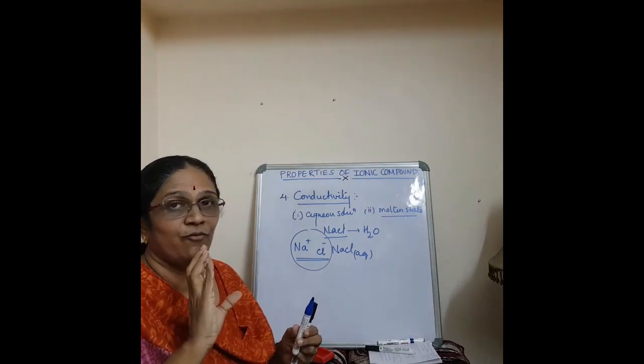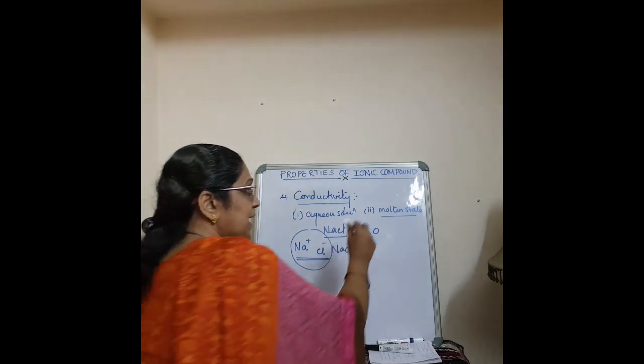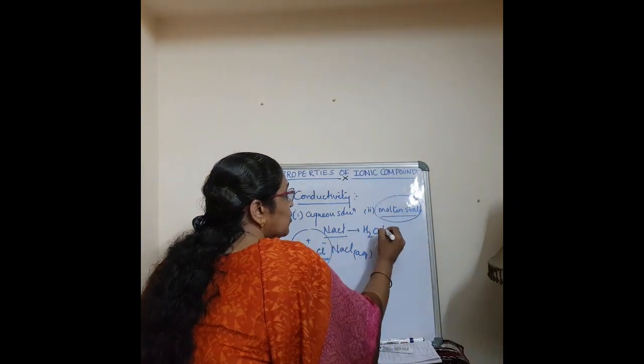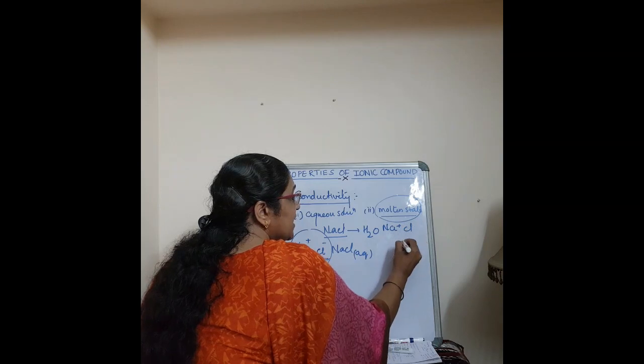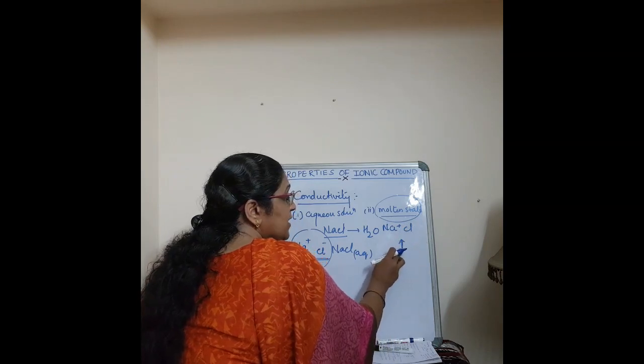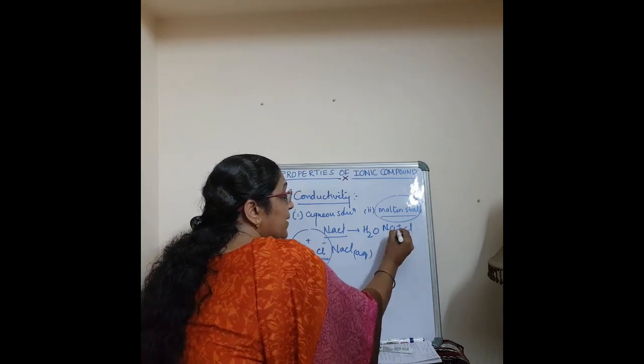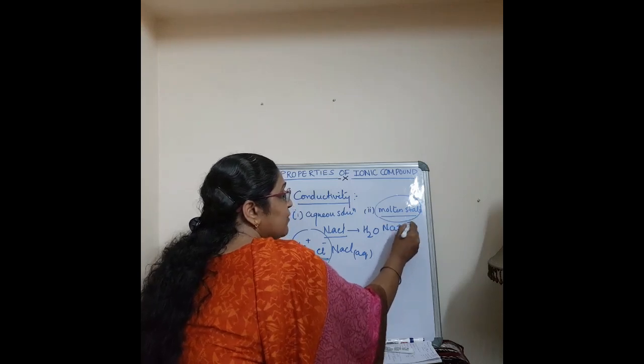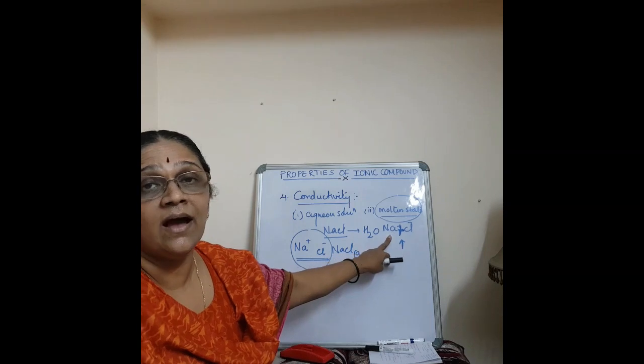The ions are formed there. So thereby in the molten state also ions will be formed. So you are giving the heat, and the heat is required to break this ionic bond. It will break this bond and form the ions, and thereby ions are there.